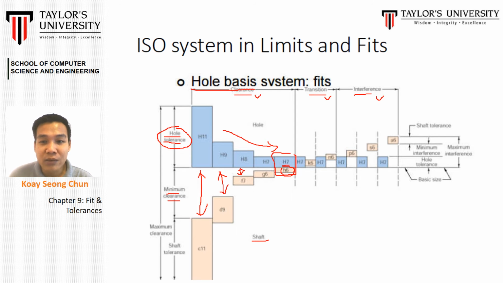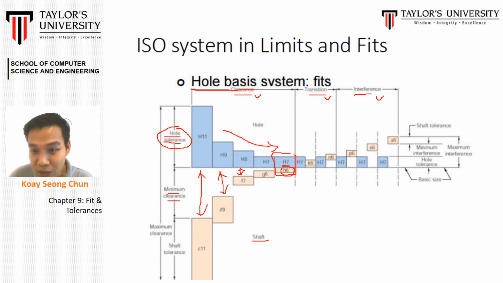From here, if you want to set transition and interference fits, then the maximum clearance no longer exists because there is no gap between the shaft and hole. At the interface region, for transition and interference fits, you will have some overlapping zone between hole and shaft.